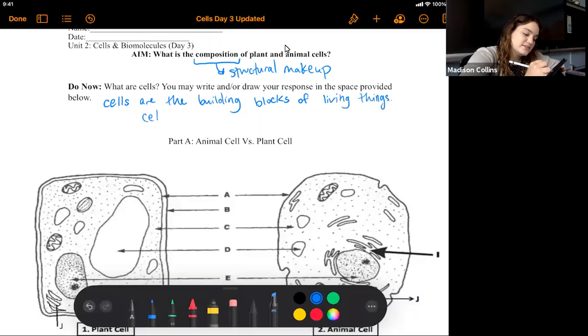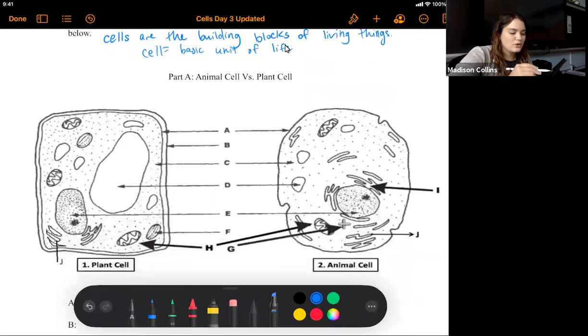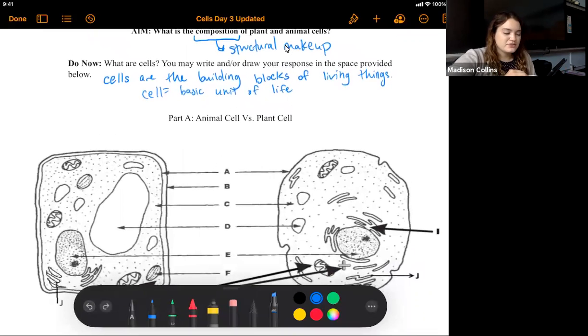Okay, because the cell equals the basic unit of life. And if you chose to draw a picture, you should have drawn something that looks like one of these two options. So today we're going to be talking about the differences and the similarities between animal and plant cells. And overall, animal and plant cells are pretty similar, but they do have a few key differences that make them unique.